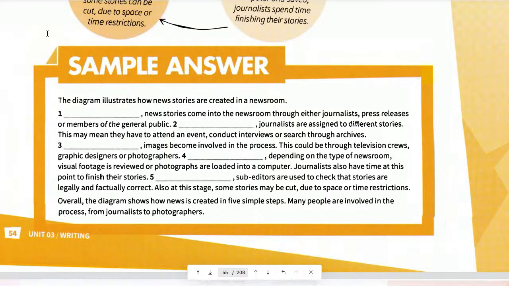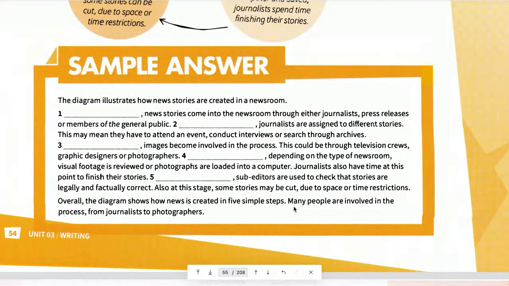Images become involved in the process. This could be through television views, graphic designer, or photographer. Depending on the type of newsroom, visual footage is reviewed for photographs or loaded in a computer.